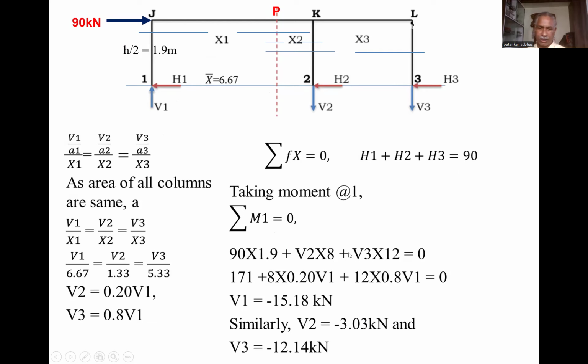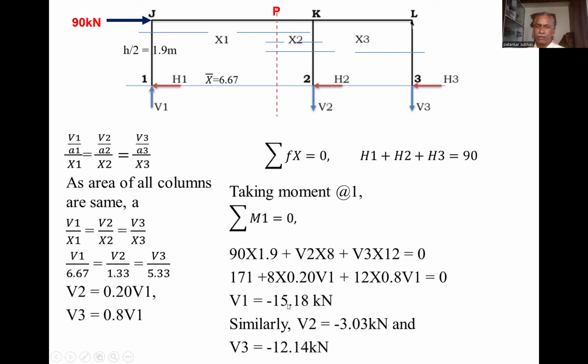And from this, again, we eliminate V2 and V3 by V1. V2 is equal to 0.20 V1 and V3 is equal to 0.80 V1. And that's why we get V1 is equal to minus 15.18 kilonewton. Minus sign indicates the direction of this axial force is downward. So this will be in downward direction, this will be in upward direction, and this also in upward direction.